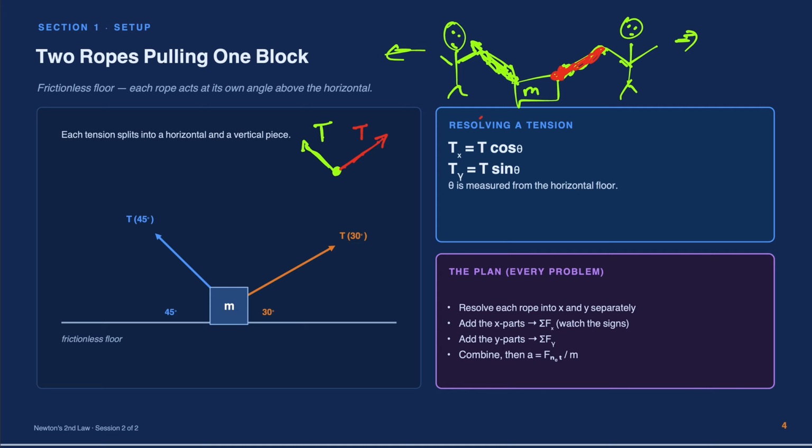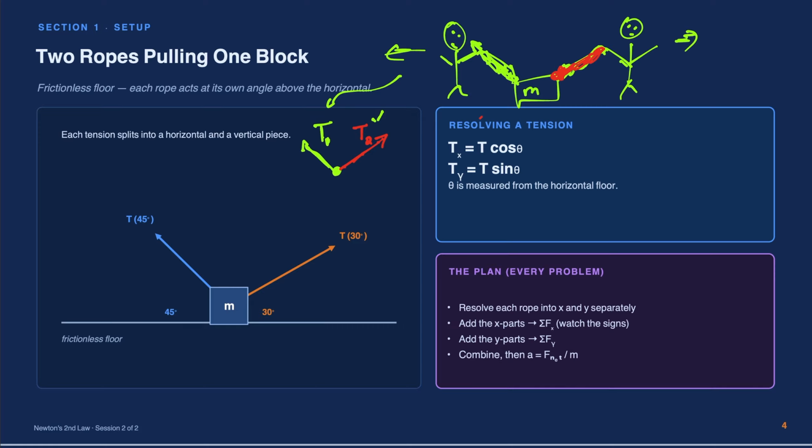I'm going to label it as tension 2, because we have two tensions. It's kind of easy to get confused. Tension 2 is my friend on the right side here, and tension 1 is me. So how do I cancel out these force vectors, or how do I understand where the block is actually going to move?